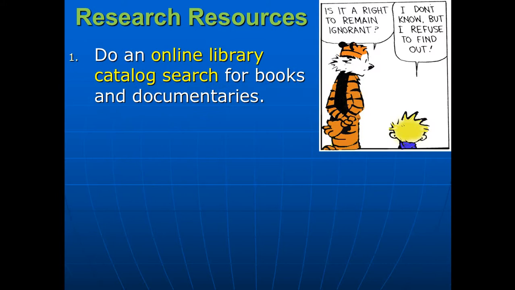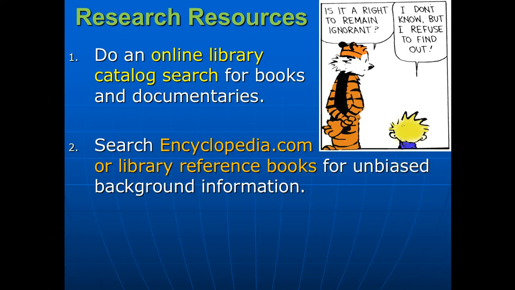Now, for research, some great places to go. Of course, you can do an online search on the library catalog, find books and documentaries. Encyclopedia.com is another good place to go for sources. You can get some good background information on what your topic is at that site.